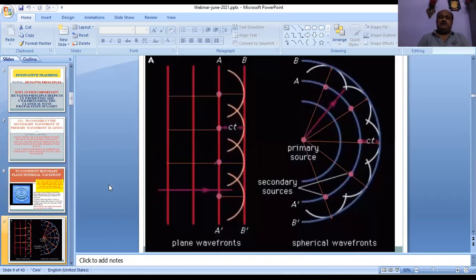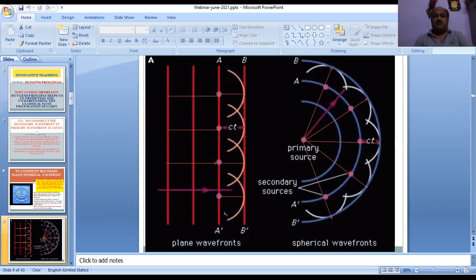Here, I have taken the constructions of a plane wavefront and a spherical wavefront. Look at this. A dash, here A dash, are primary wavefronts.